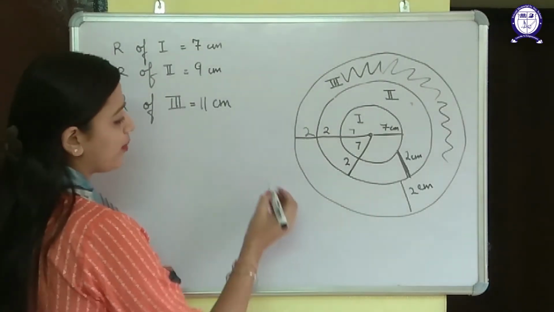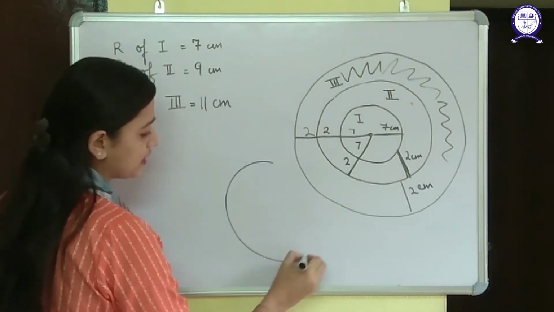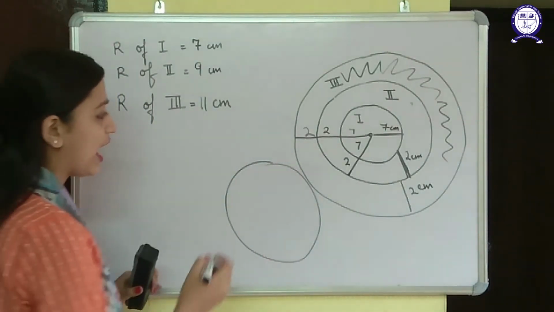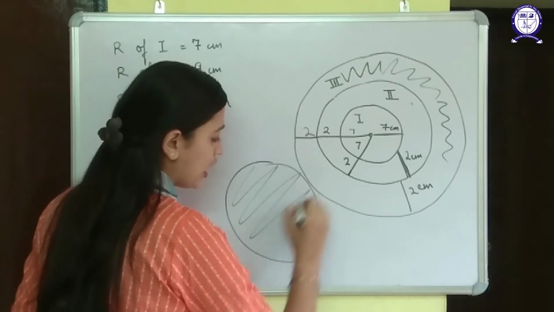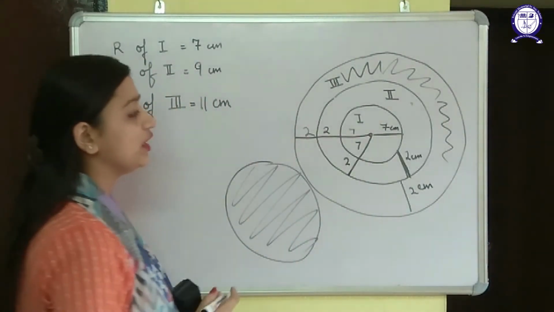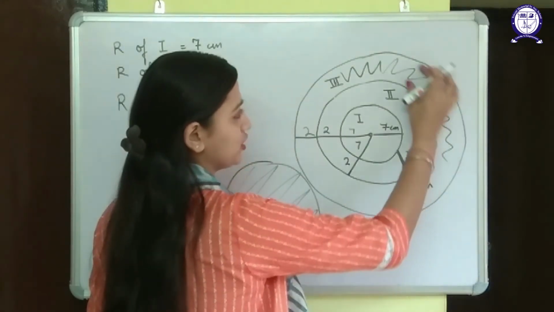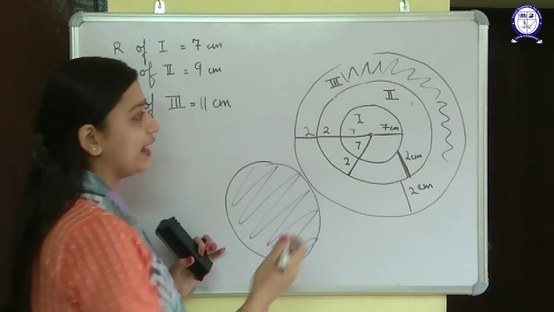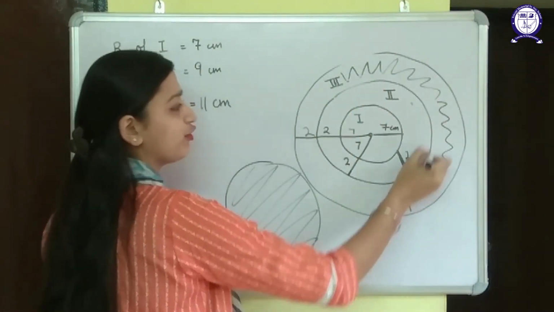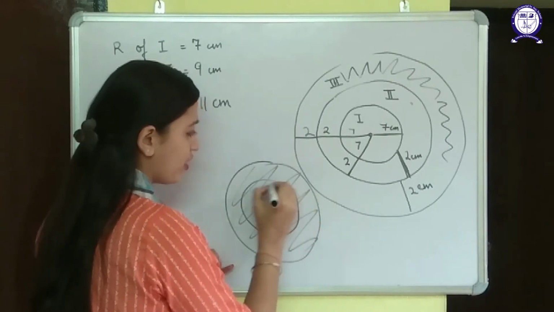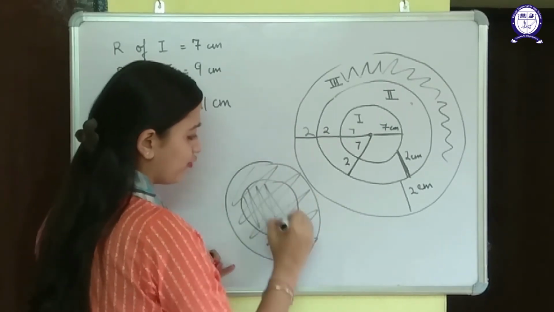Look at the question properly. The third circle is like this. If I find the area of the third circle, I will get the area of this complete circle. Okay, but I need only the area of this portion. So I will have to subtract the area of this second circle from it.